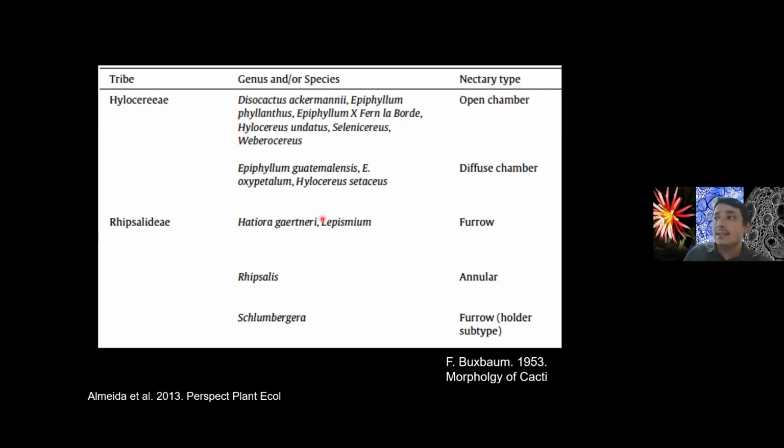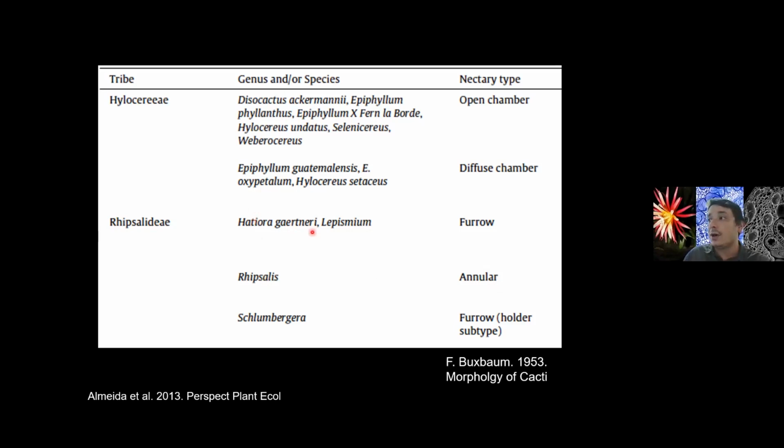In Hypsalid, there is more variation in the morphology of the flower and also in the micromorphology of the nectary, since we have many more species of Hypsalis. It's easier to find an annular-shaped nectary in the Hypsalid.